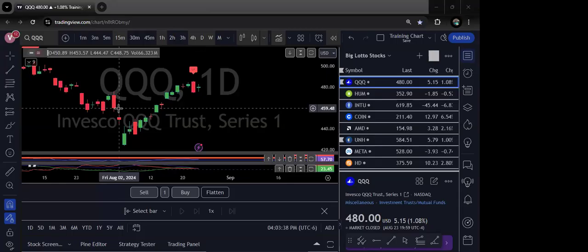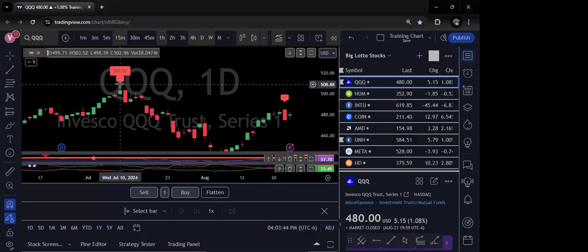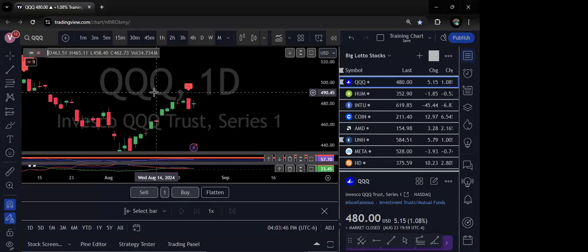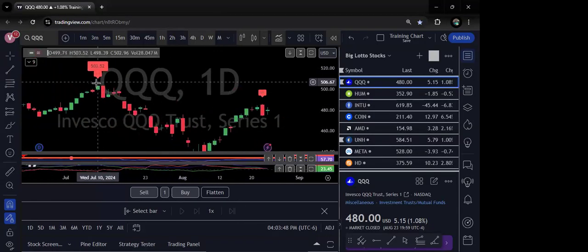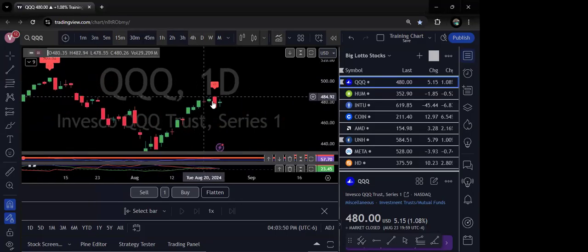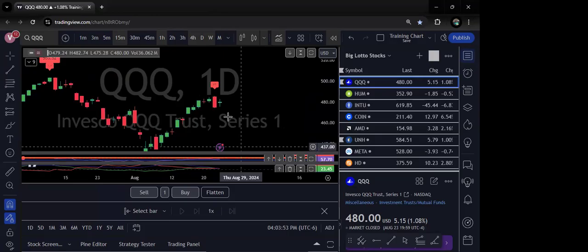This is at the top, and QQQ is a bit far from the previous high, unlike SPY which is very near. So we want to see if QQQ will continue down or continue to push up.